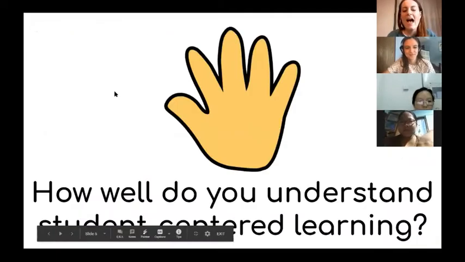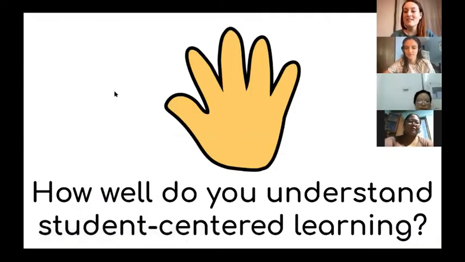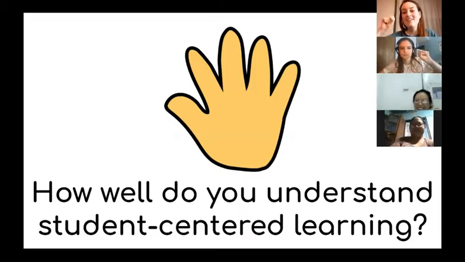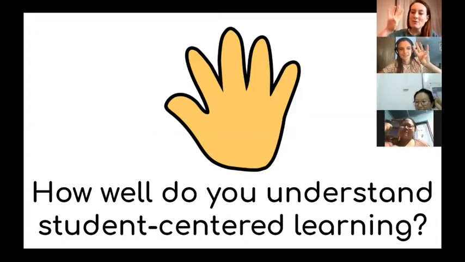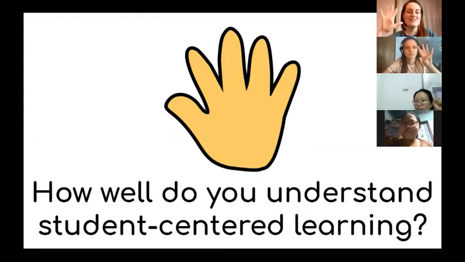Okay. How well do you understand student-centered learning? So we're going to use a show of hands. This means you do not understand it at all. A little bit more, somewhat. You understand it quite well, and you understand it extremely well. So, not at all, extremely well.